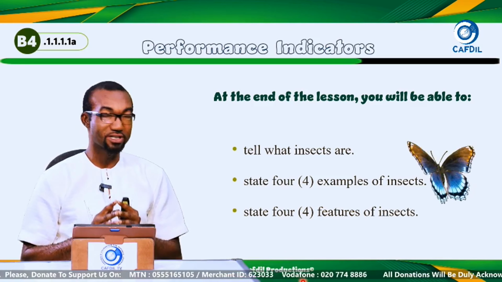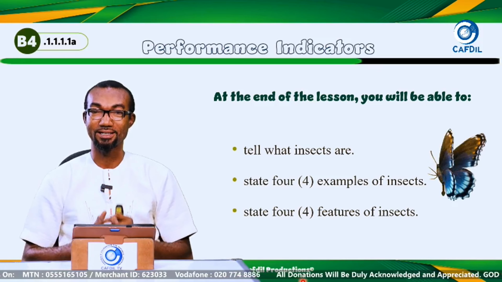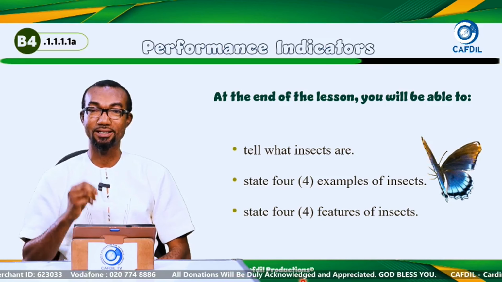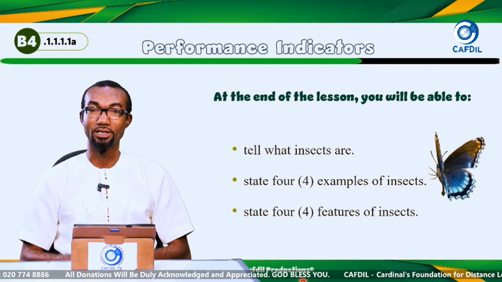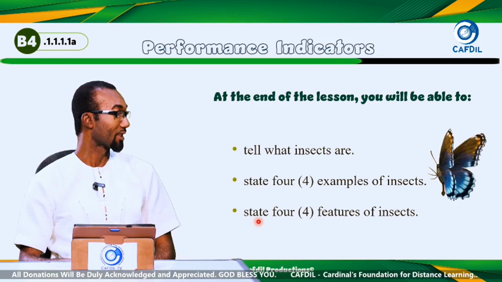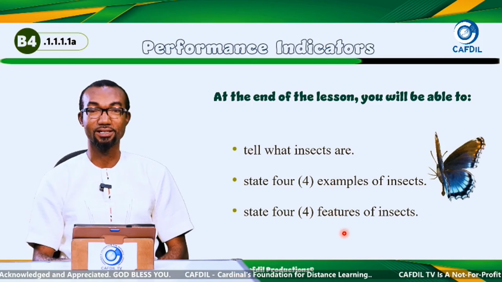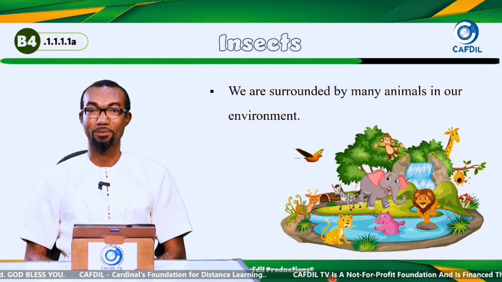State 4 features of insects. So if you all pay attention and go through the lesson with me, these are the performance indicators I want to see in you. Now let's begin the lesson.